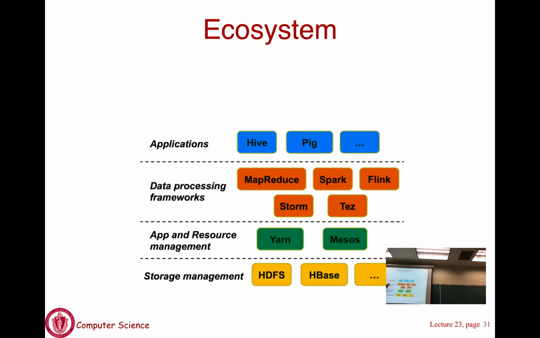On top of this, you have the actual data processing framework. We talked about MapReduce, but if you look at the ecosystem, you can plug in others as well. You can say for this data set I need to use MapReduce, but this other data set is streaming, so I'm going to use Flink. You have a collection of machines, some of them running MapReduce jobs, some doing stream processing, and so on.